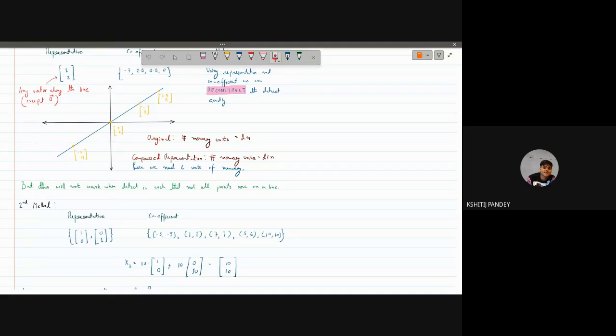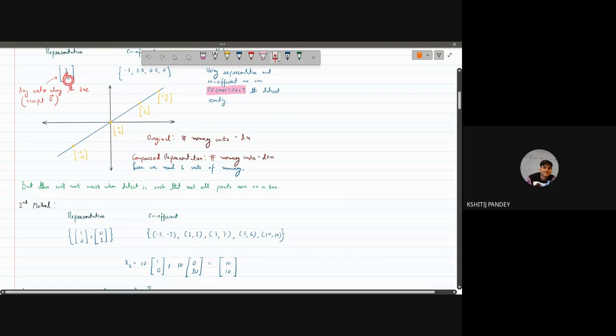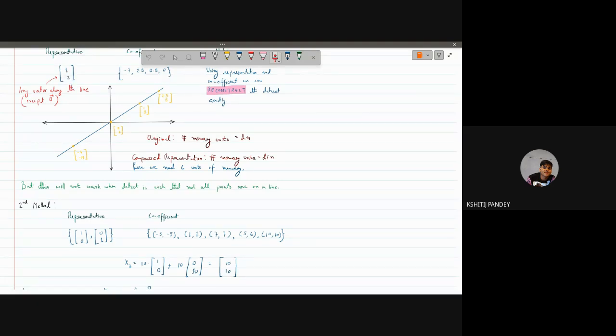The representative is in R^d, so we need d units. Here the data is in R2, so we need 2 units. The number of coefficients will be equal to the number of data points, which here is 4. So in this example you need 2 plus 4, that is 6 units of memory. In general, for n data points in d dimensions, it is d plus n.